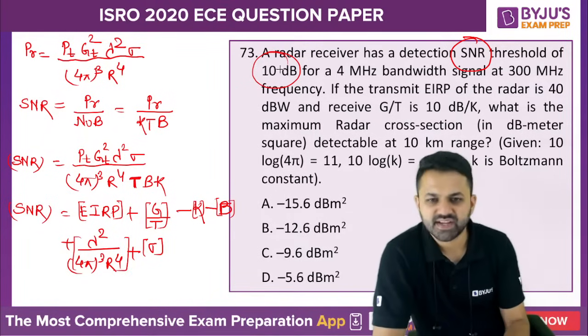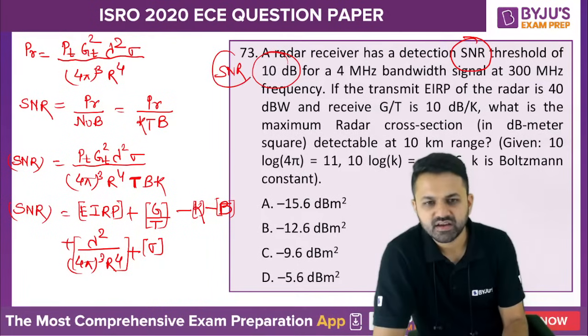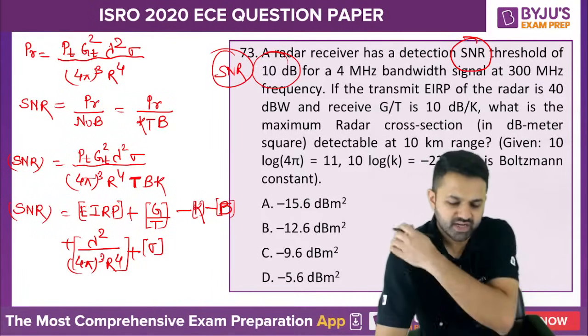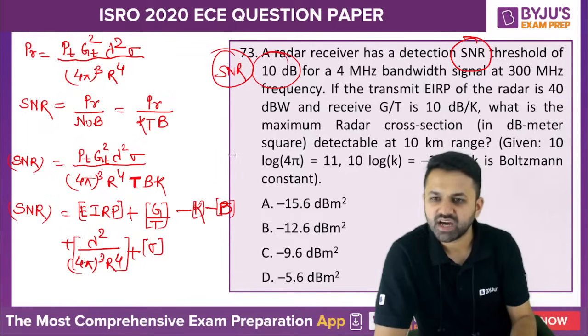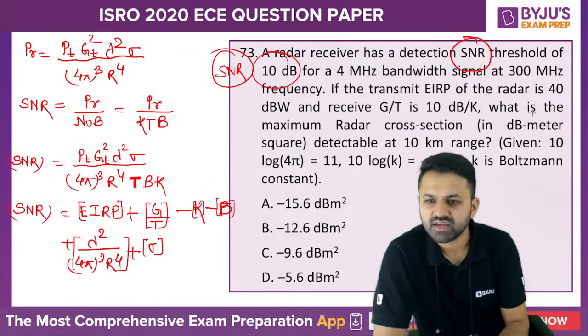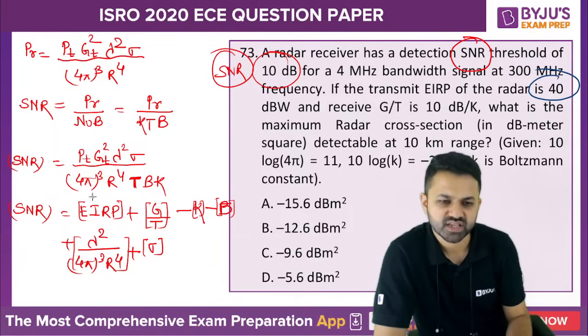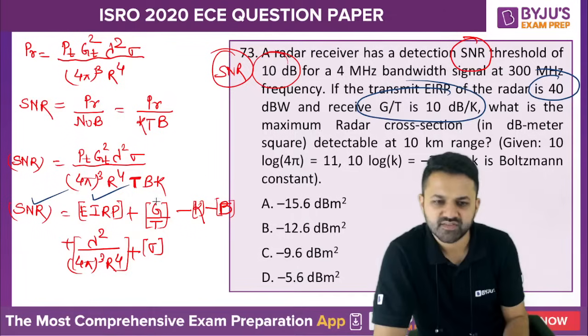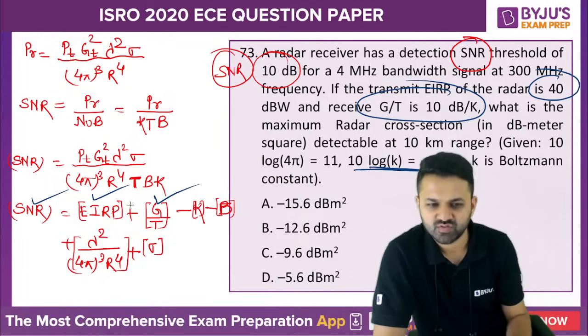So SNR is given as 10 dB. This SNR is given, and apart from this we have the EIRP. EIRP is 40 dB. So EIRP is given, SNR is given. What about G by T? G by T is given. The value of K is a constant, which is also given in the form of log, so we will take the 10 log.